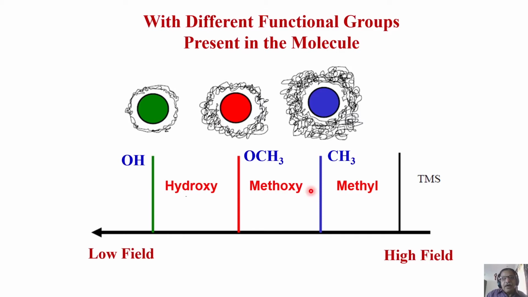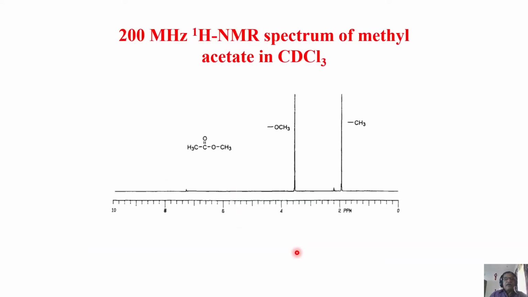I am just telling you, as a simple example, what happens to different functional groups when different electronegative atoms are attached to them. Okay, so this is the easy way to understand. And look at the peaks. I have taken an NMR spectrum like this. This is a simple molecule.